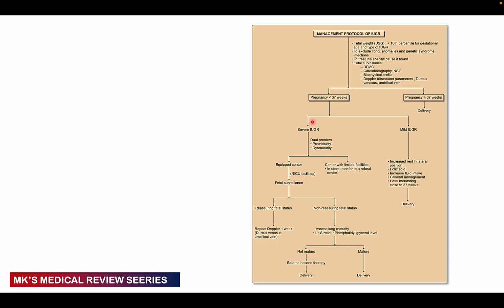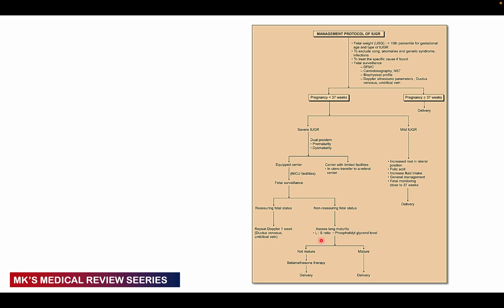If there's severe IUGR, then there are two problems, the problem of prematurity and the problem of dysmaturity. So ideally, this must be done in an equipped center with NICU facilities where you can have some fetal surveillance. And if there is a reassuring fetal status, we repeat the Doppler in 1 week. So we do ductus venosus and umbilical vein Doppler on these. And then if it's a non-reassuring fetal status, we assess the lung maturity with your lecithin sphingomyelin ratio and your phosphatidylglycerol levels.